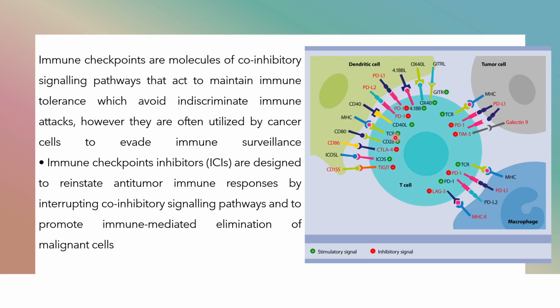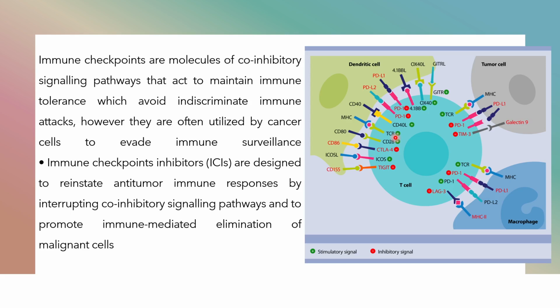Fine. And in case of cancer also, cancer cells use these pathways. Okay, cancer cells use different types of these co-inhibitory signaling pathways to evade the immune system of the host. And for that, different immune checkpoint inhibitors are designed, which reinstate anti-tumor response.